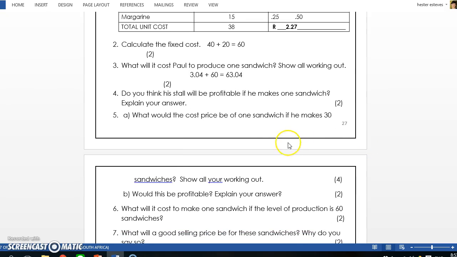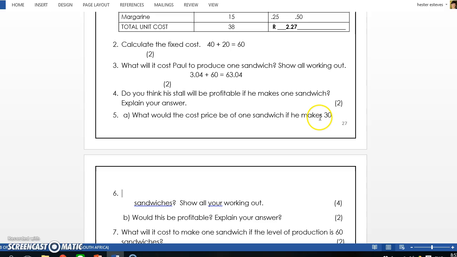What would the cost price be of one sandwich if he makes 30? Same thing, really. Let's just see if it'll go. All right, it's going to take me to the next page. What if one sandwich is 3.04?